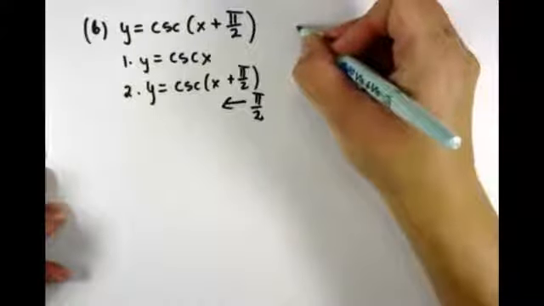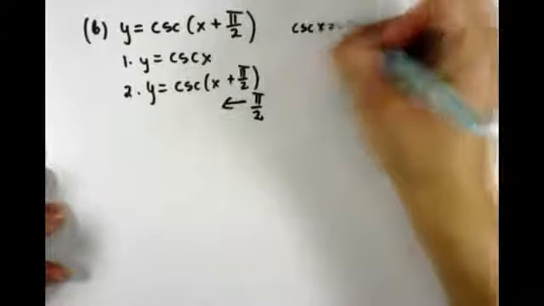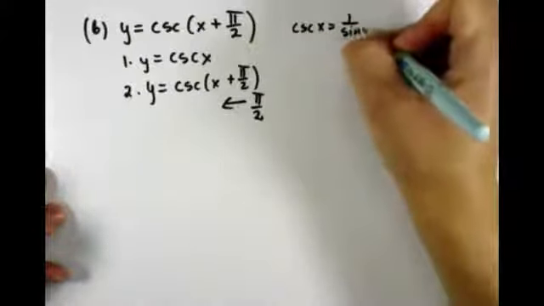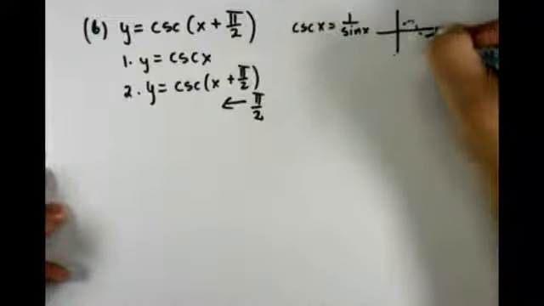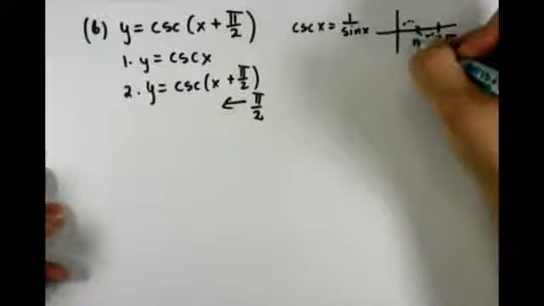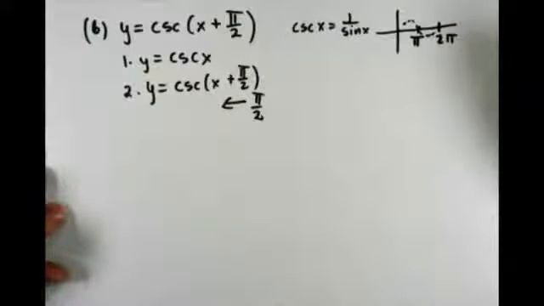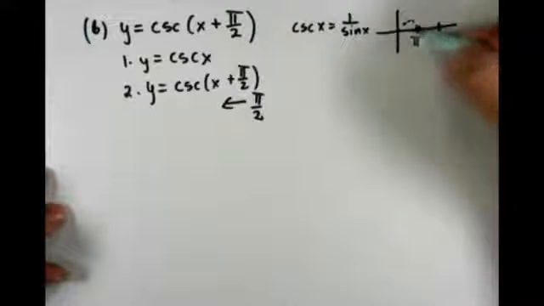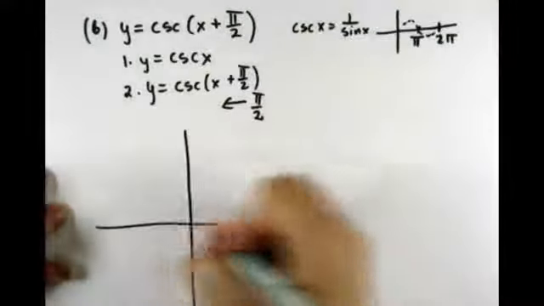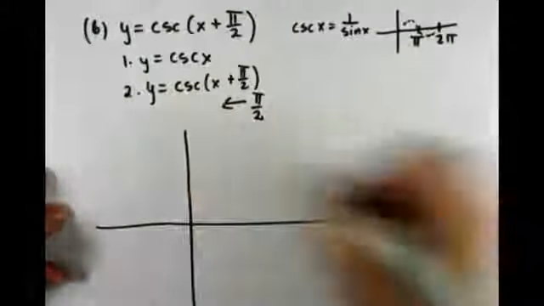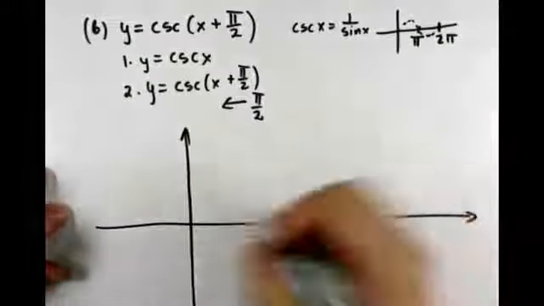Okay, so cosecant graph, we know that cosecant x is 1 over sine, so roughly speaking my sine has S shape, 2 pi, in the middle is pi. So cosecant has the asymptotes at whole numbers. So let's draw a nice graph. And they ask us to show at least 2 cycles.